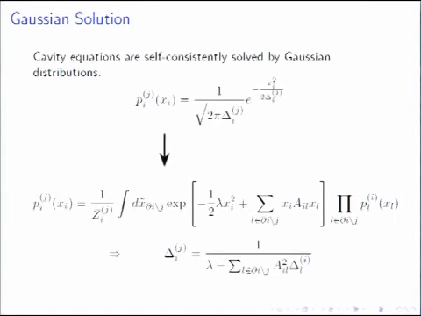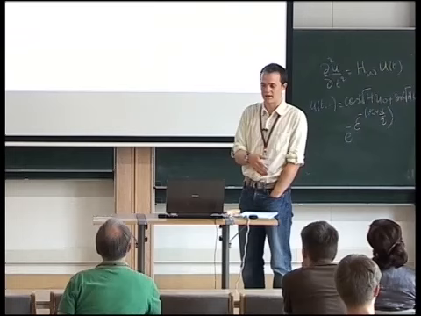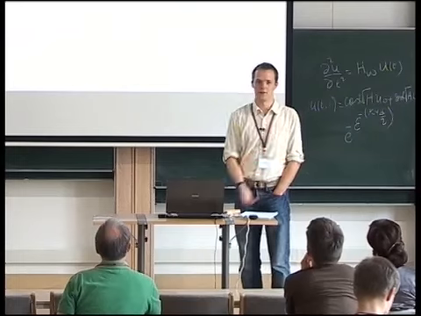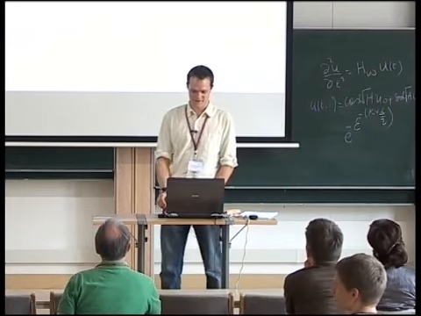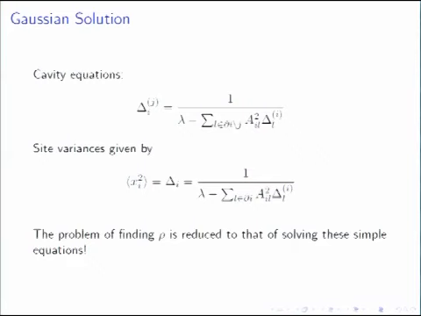Yes. Reimer has a companion paper, not with the cavity method, but he arrives at a very similar set of equations, and he does the integrals properly. So these were the cavity equations, and you can recover the real variances with a similar set of equations just by doing the integration as before.